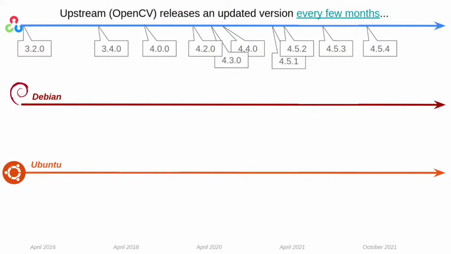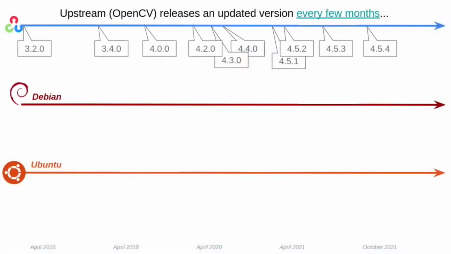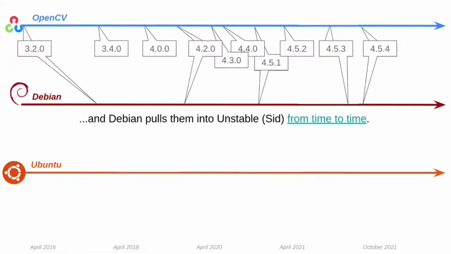And from time to time, OpenCV is going to stamp code at a certain version and tag it and call it a version. That's standard software engineering practice: version 3.2, 3.4, 4, 5, and so on. So it's constantly churning out different versions of OpenCV software.